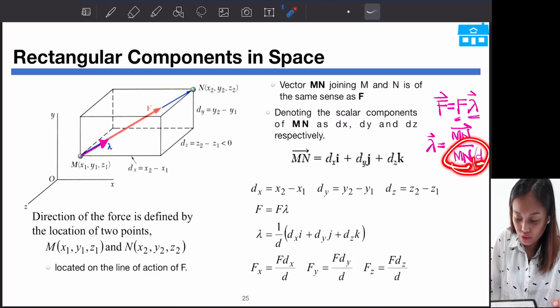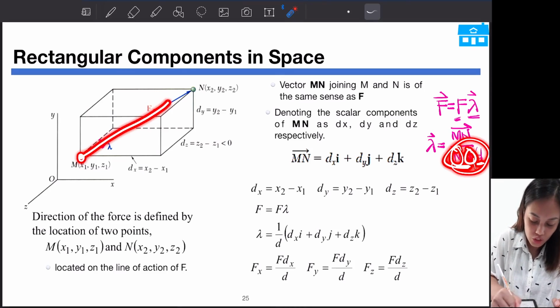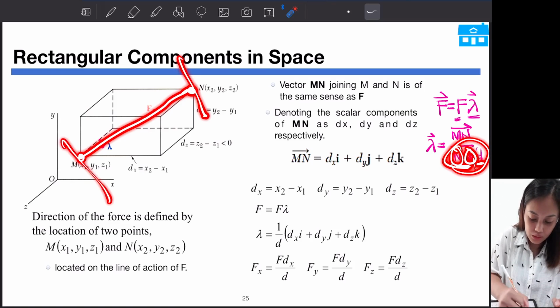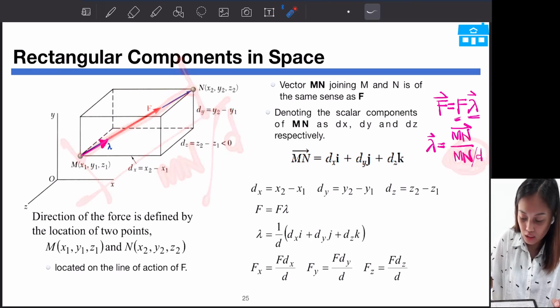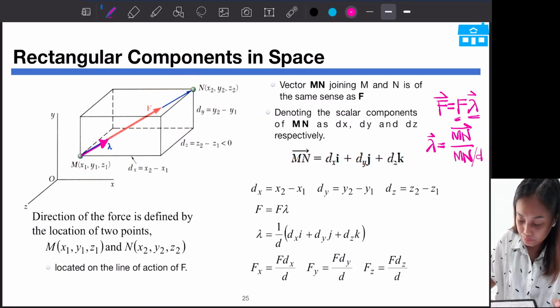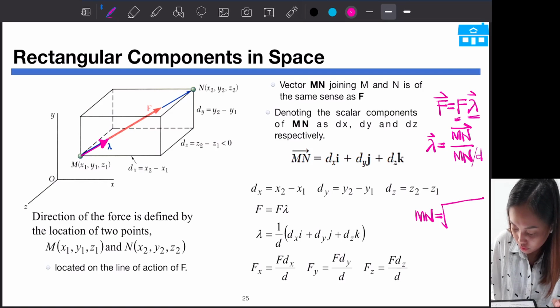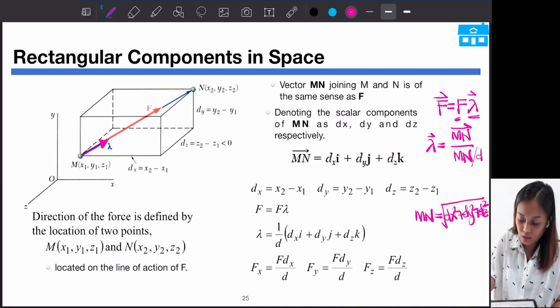Next is to solve for d, or the distance between point M and point N. MN or d is equal to the square root of dx squared plus dy squared plus dz squared.